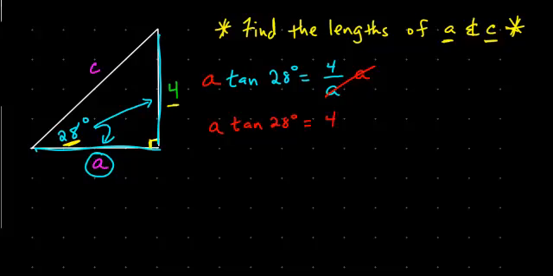Divide out by the tangent of 28 to get that A equals 4 over the tangent of 28 degrees.